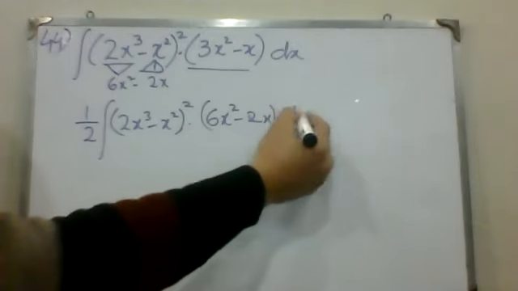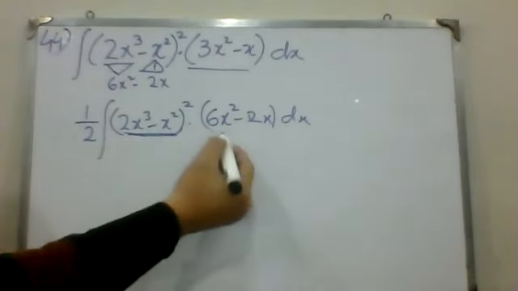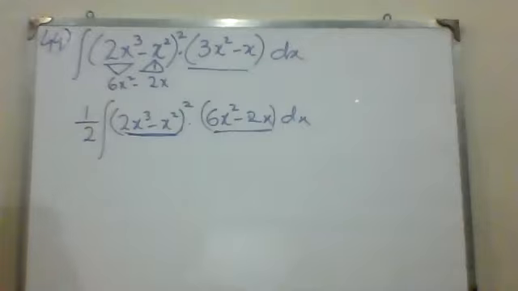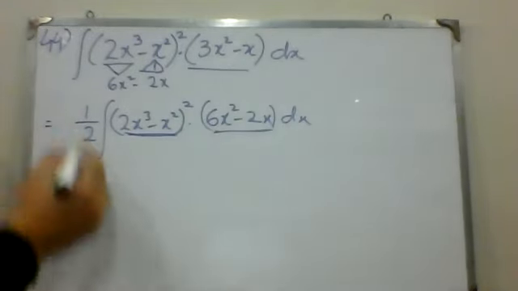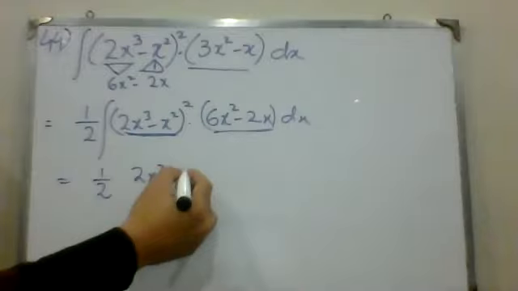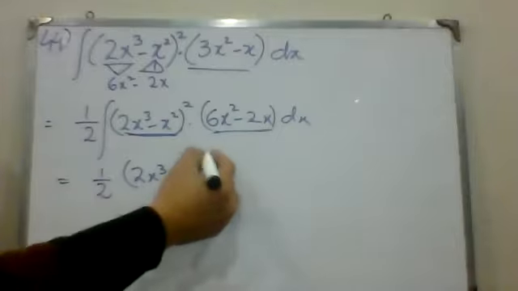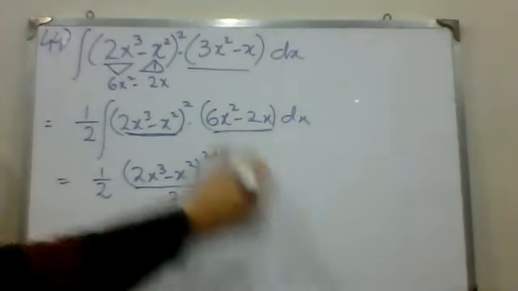So again you can say the derivative of that term is present in the multiplication. Now we can add 1 to the power: (2x to the power 3 minus x square) whole power 2 plus 1, divided by 2 plus 1, plus c.